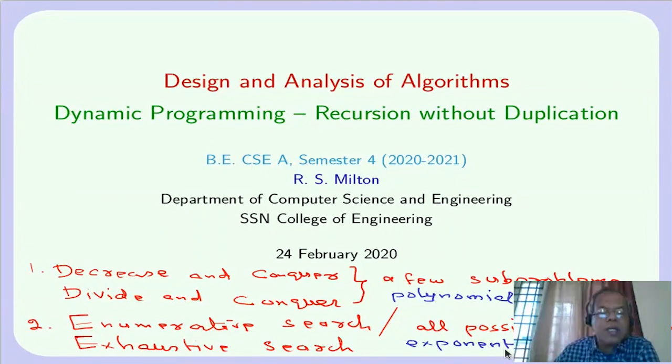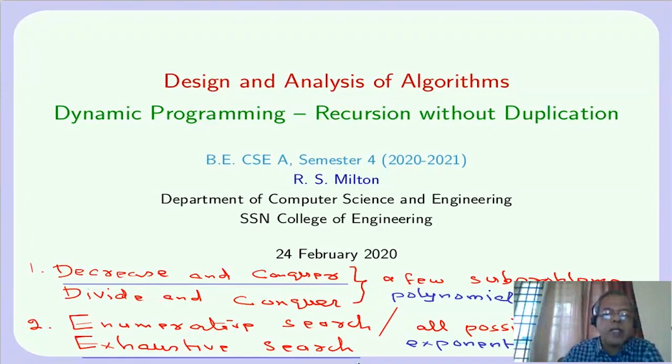Our next algorithm design strategy is positioned somewhere between decrease and conquer and exhaustive search. At one end of the spectrum of strategies is decrease and conquer. At the other end is exhaustive search. And in between, we are going to introduce another algorithm design strategy called dynamic programming.